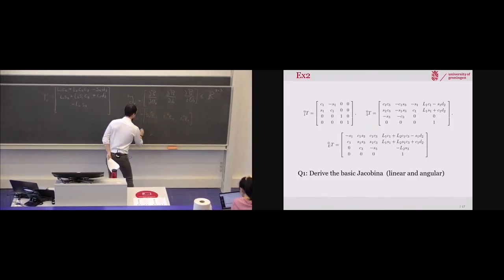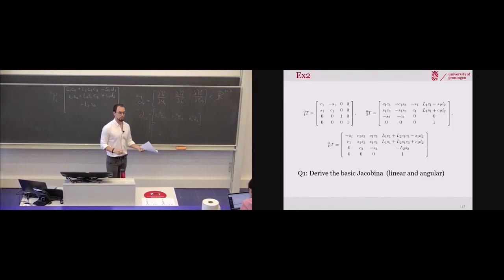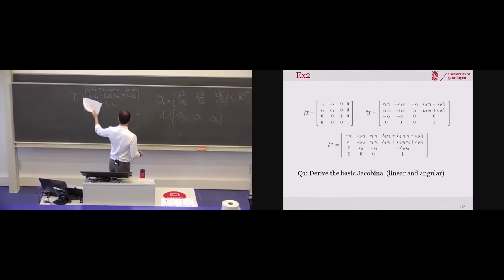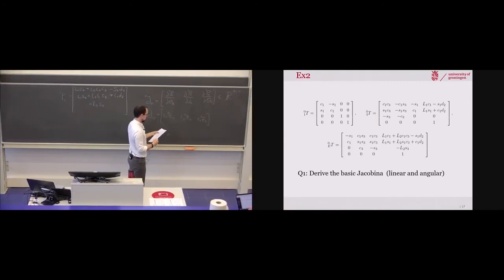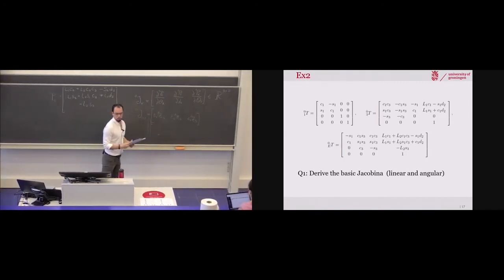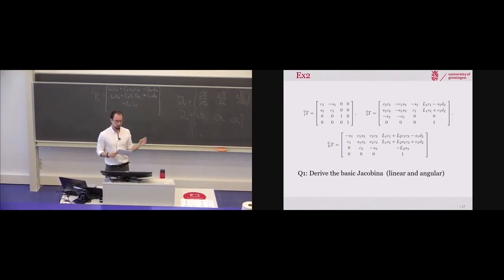The epsilon was 1 if it was a revolute joint, and 0 if it was a prismatic joint. In this case, we have as a first joint a revolute joint, because it's an RPR manipulator, as a second joint a prismatic, and a third a revolute again.